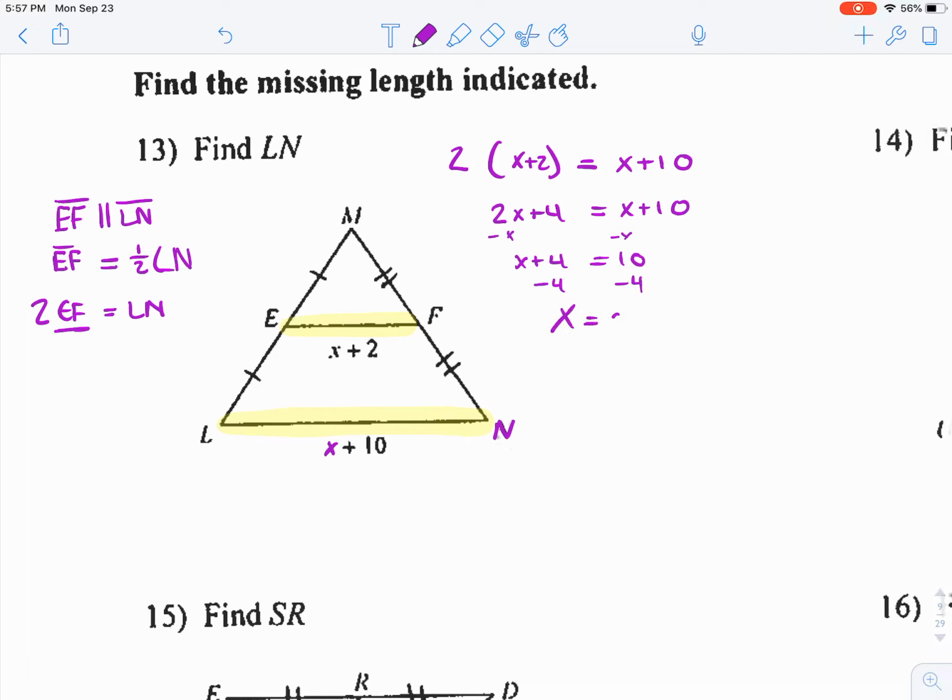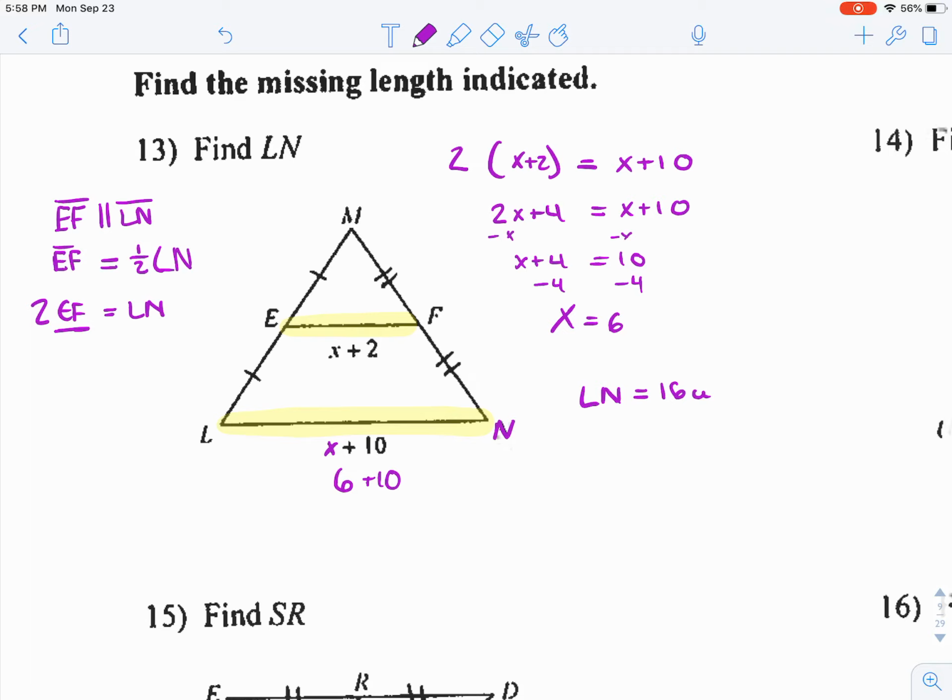And x equals 6. But the problem doesn't ask us for 6, it asks us for LN. So 6 plus 10 equals 16. LN is 16 units long.